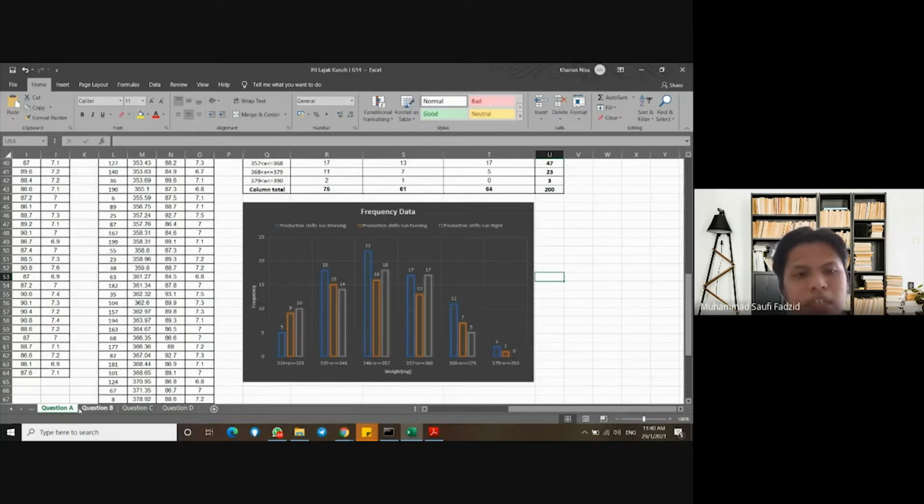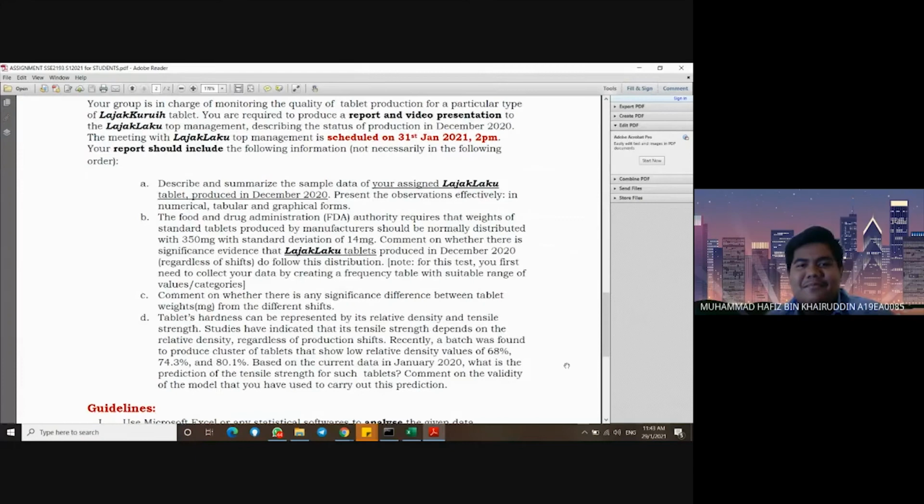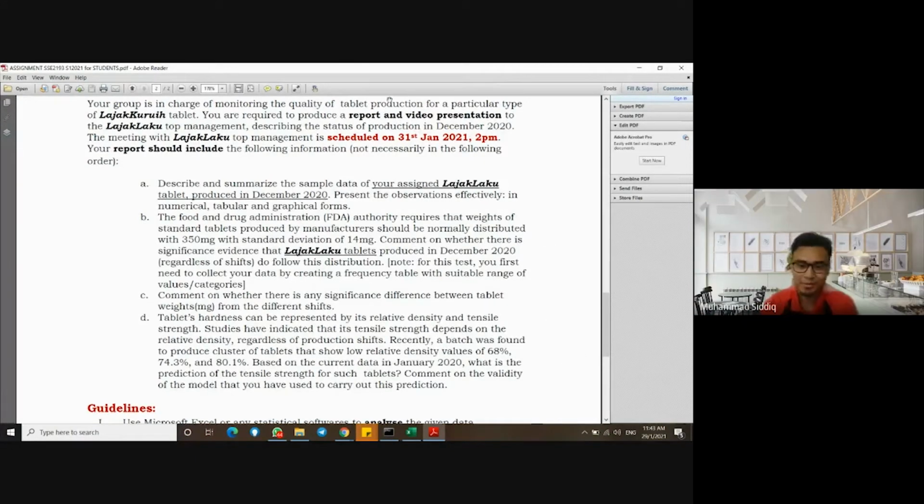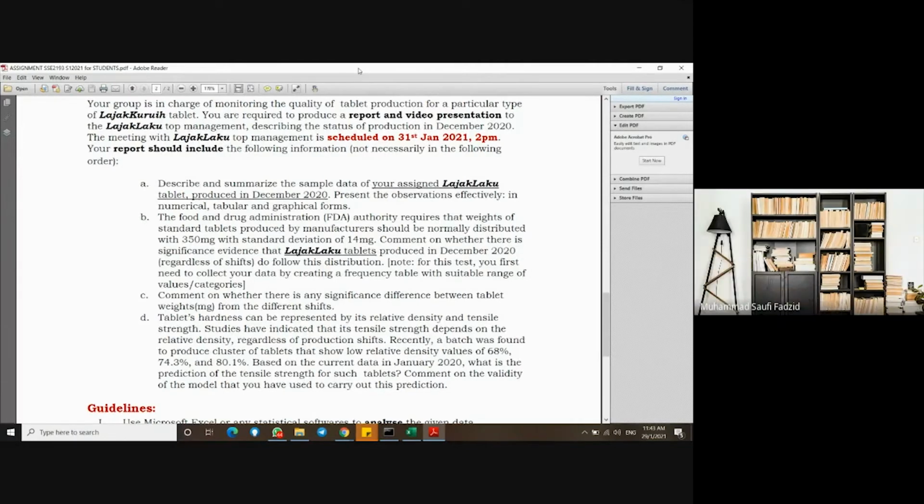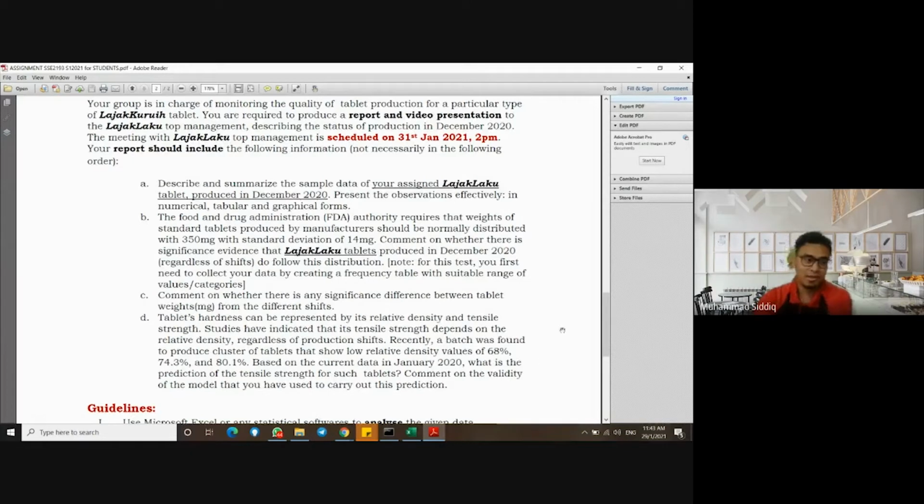Let's move to question B. The question asks us to comment on whether the weight of the data for every production shift follows the normal distribution with 350 milligram of mean and standard deviation of 14 milligram.